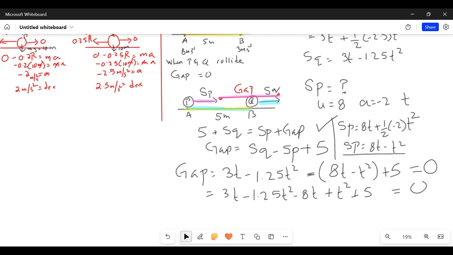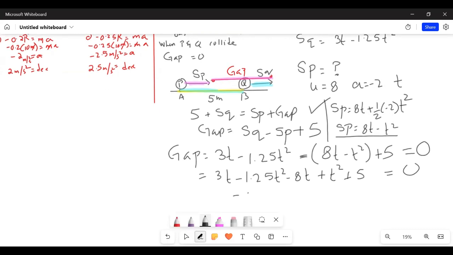So it's going to be negative 0.25 t square minus 5t.